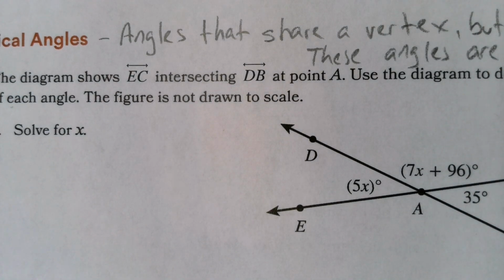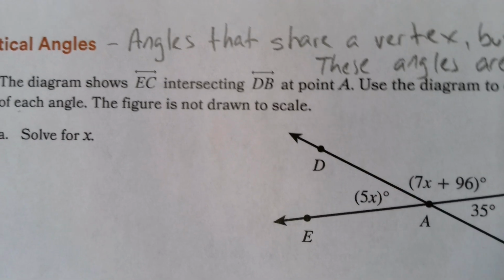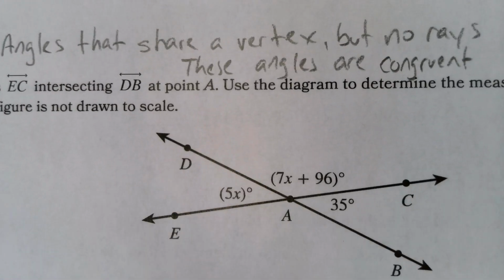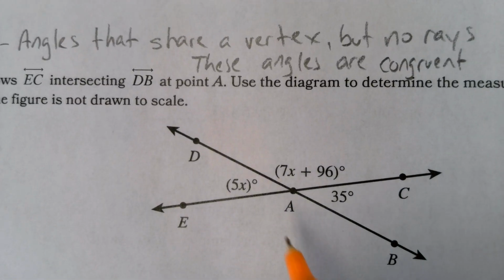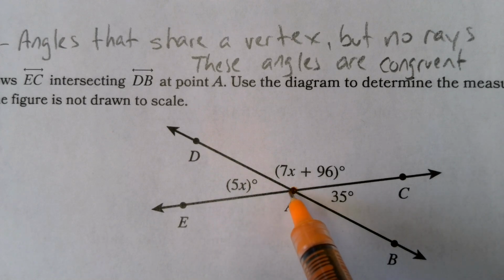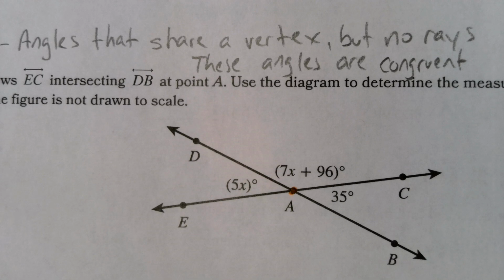So in this case, we're going to use this information. Angles that share a vertex but no rays. Okay? Here's the vertex. That's the center. That's what they are sharing.